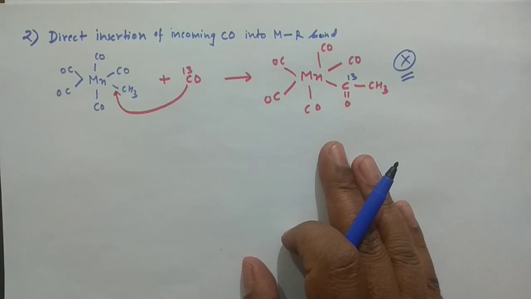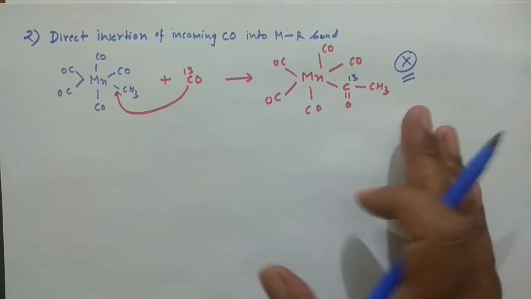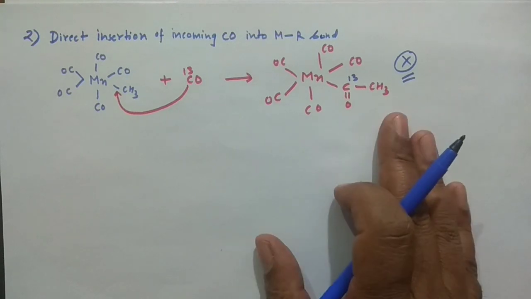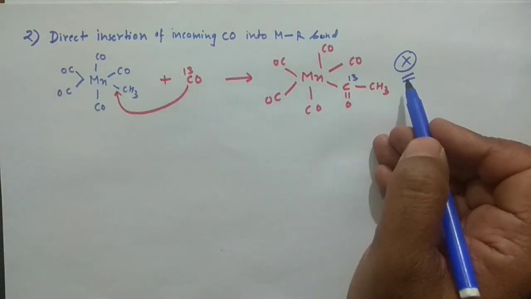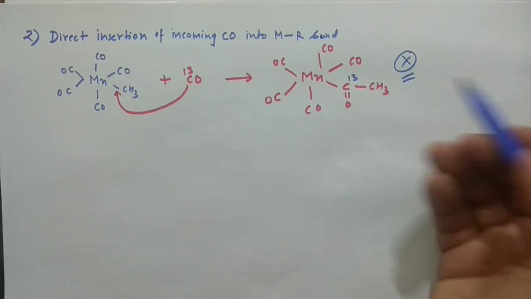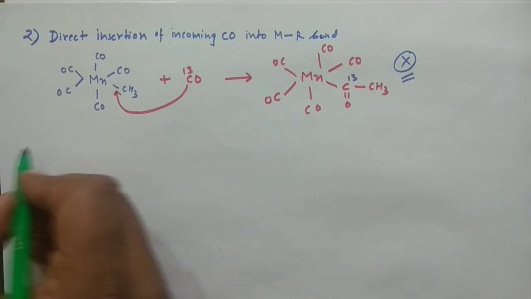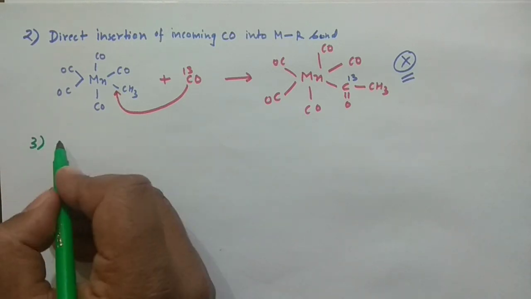Okay, why does this happen? If you go for the kinetic factors, the activation energy for this reaction is very high, so this process is not feasible. So you will not look for this particular mechanism when you are discussing 1,1 migratory insertion reactions. And then there comes mechanism number 3, that is part 3.